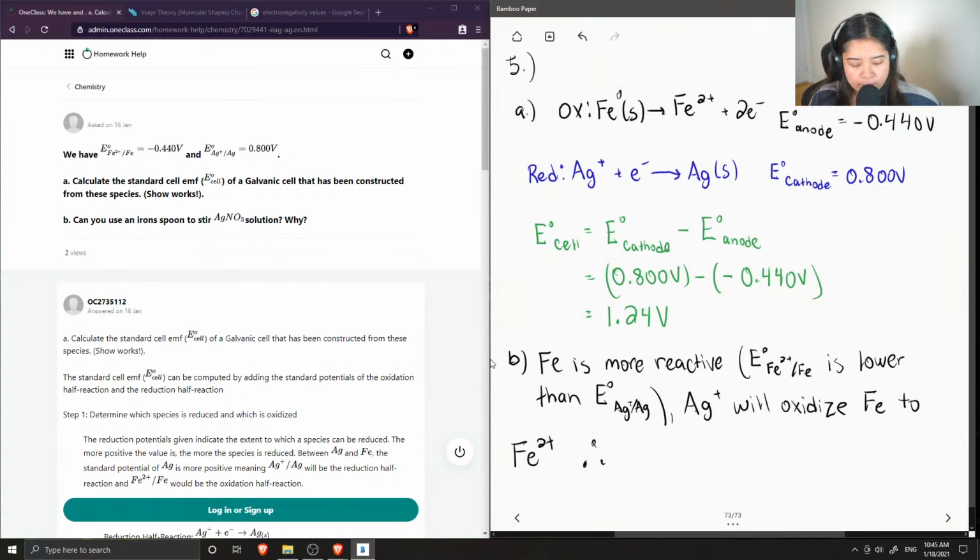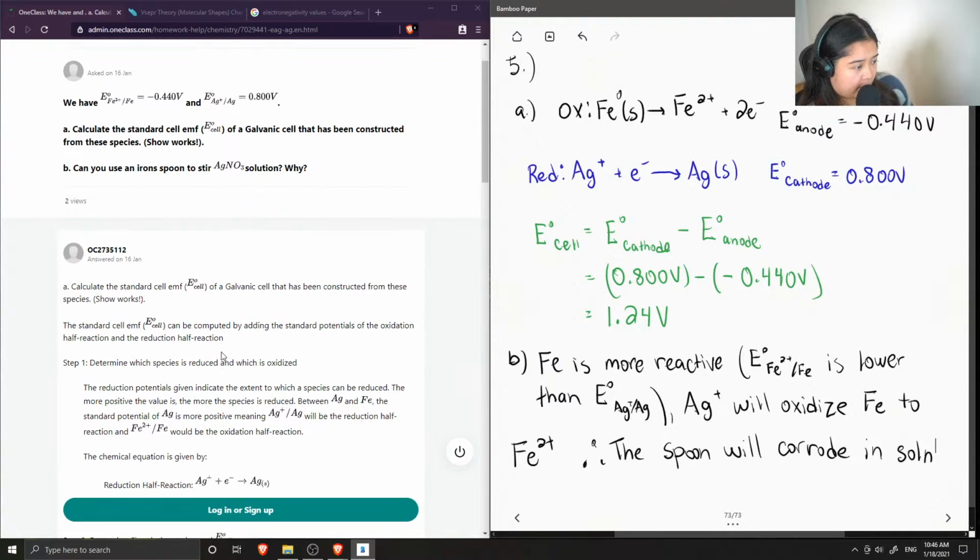So therefore, the spoon will corrode in the solution. So no, you cannot use an iron spoon to stir the silver nitrate solution because the spoon will corrode.